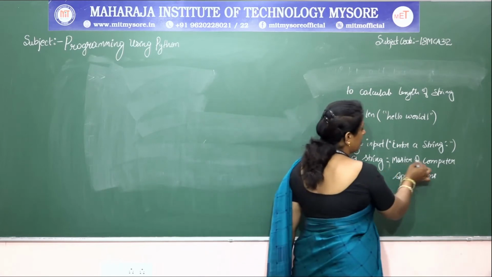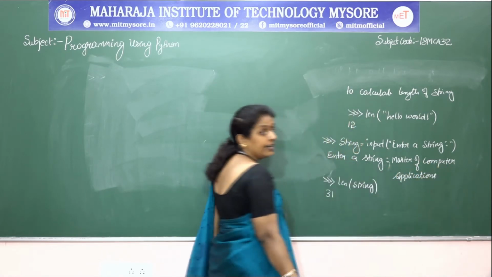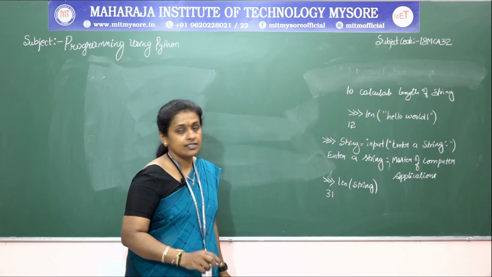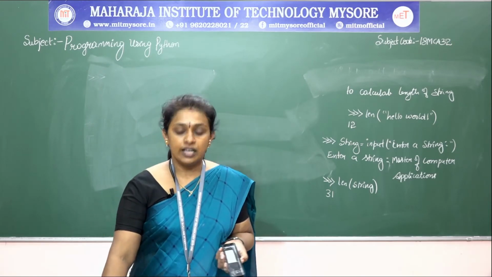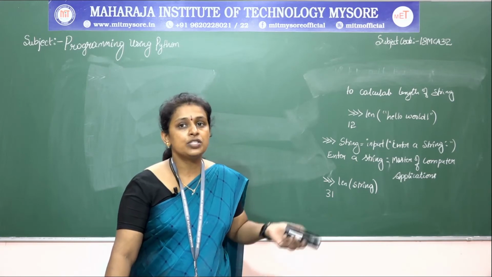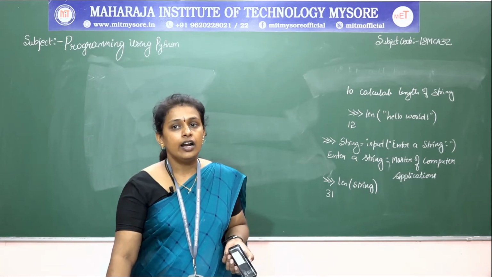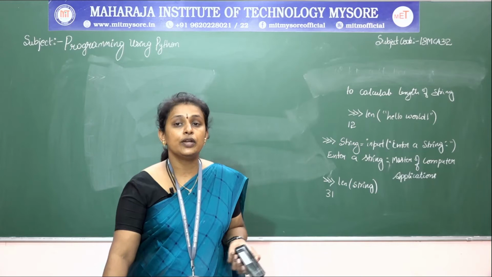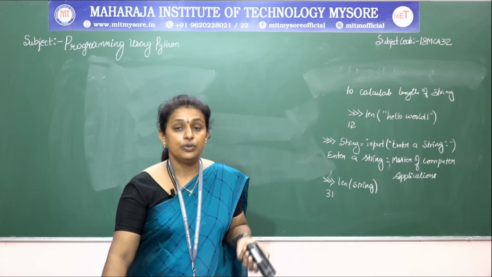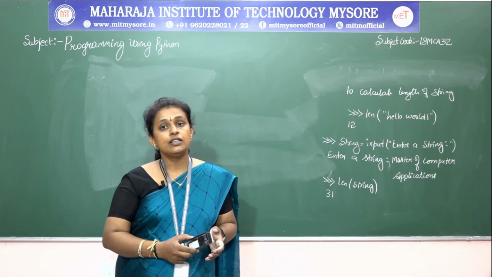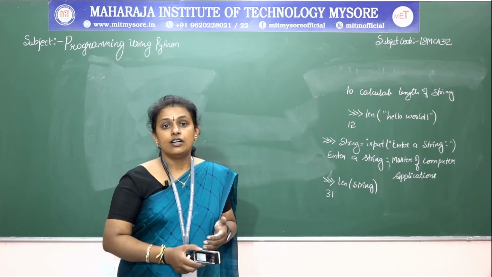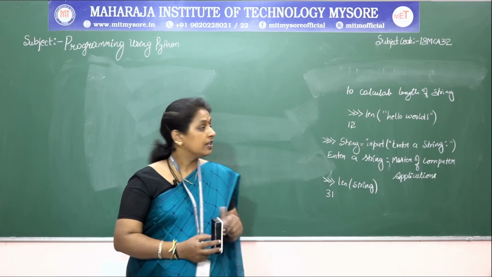It calculates the number of characters present, including the spaces. This is how we find the length of a given string using the built-in function len. In the coming classes, you will learn how to find the length of a string without using built-in functions.